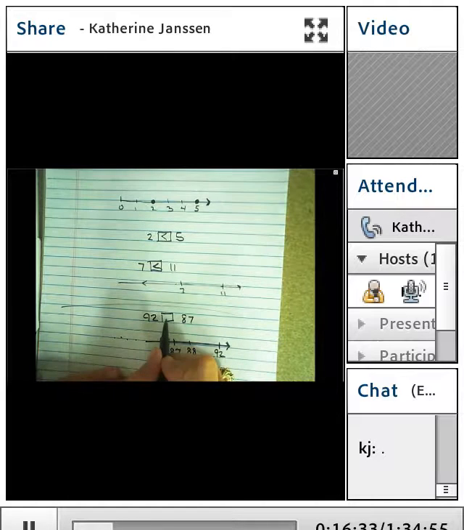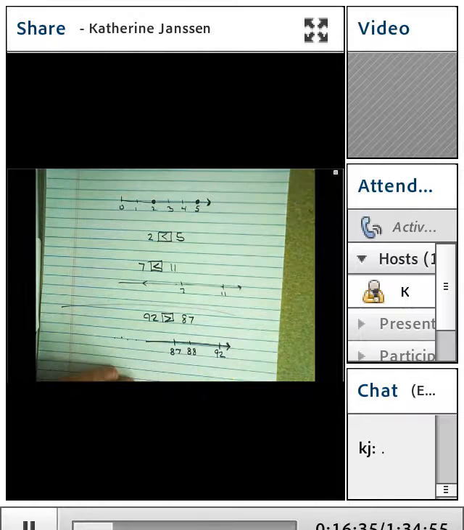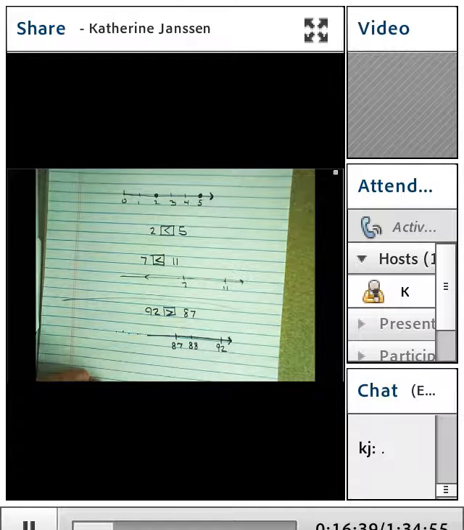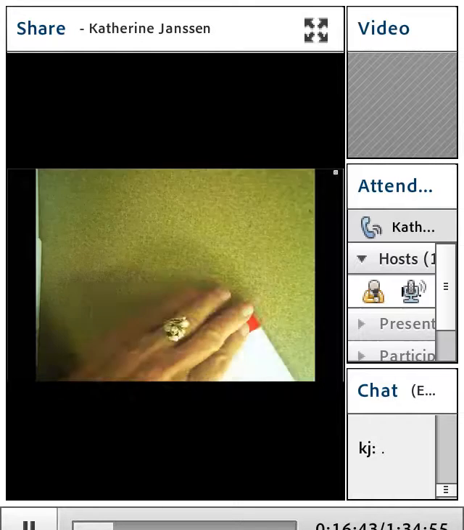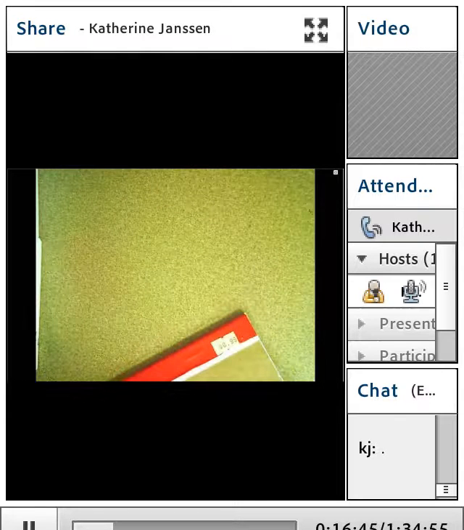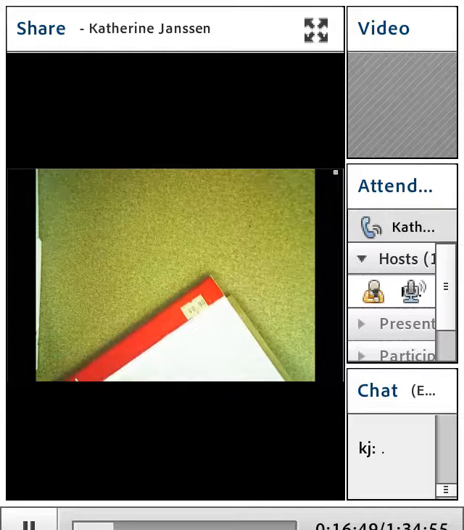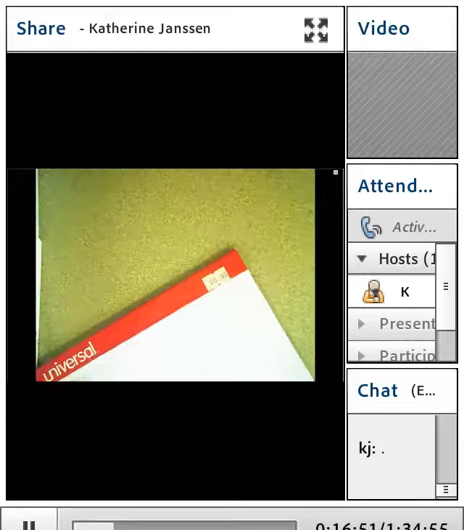So 92 is greater than 87. Looking at order and our relational inequality operators: greater than, less than, or not equal to.